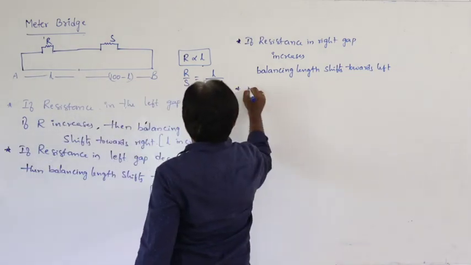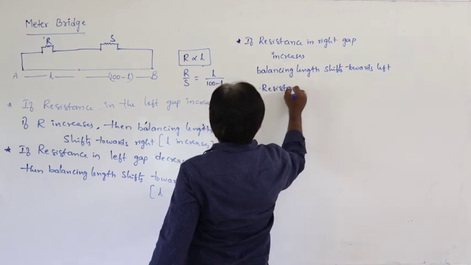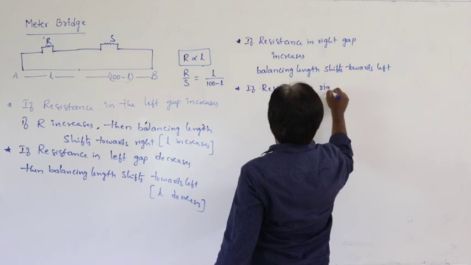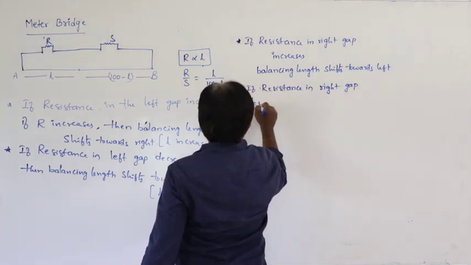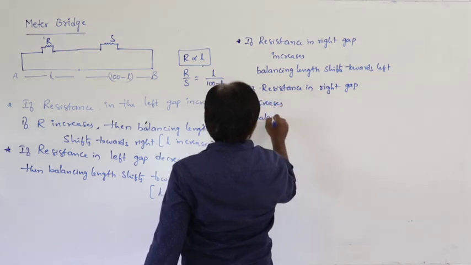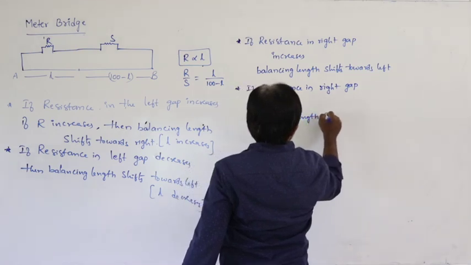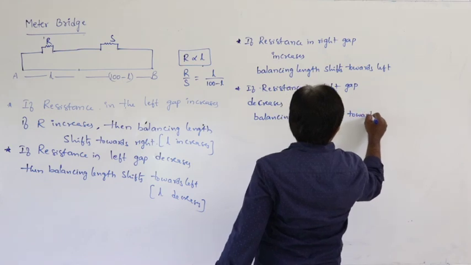Next, if resistance in the right gap decreases, balancing length shifts towards right.